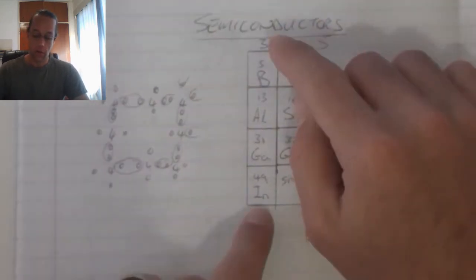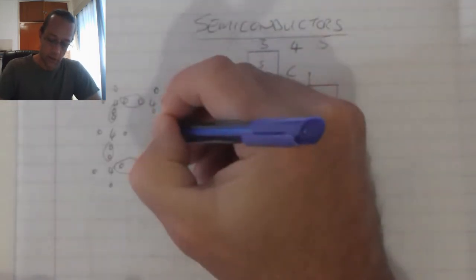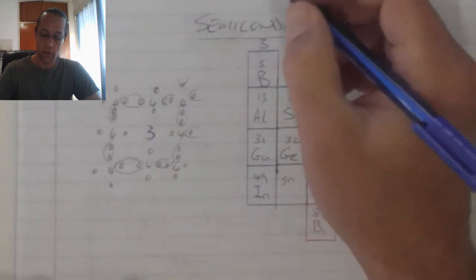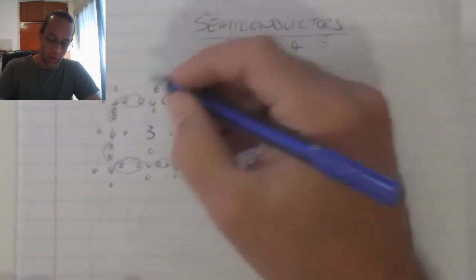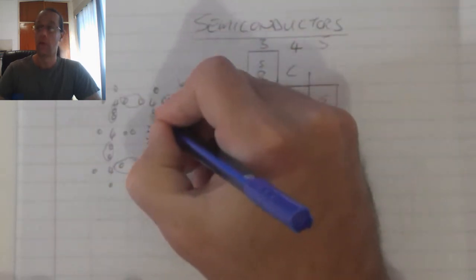Now, when I take my column 3 element and I insert it into this crystal lattice, what we find is it only has 3 electrons.